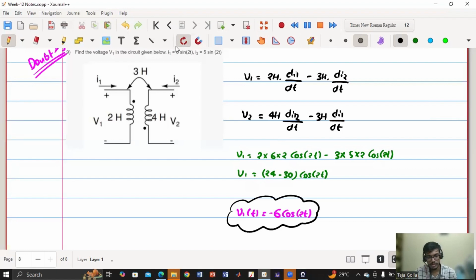They have given 6 sine 2t, I think. Maybe they have calculated this as cos. If it is cos, then it will be 6 sin 2t. So I think they made a mistake. Okay, mention it in the forums. I will share it with the TAs.